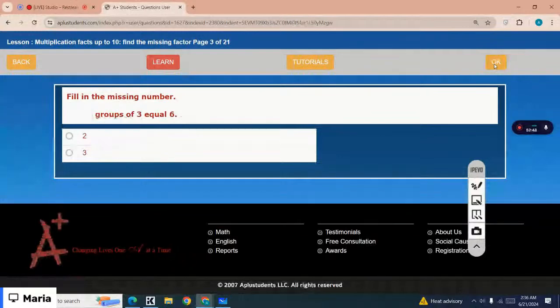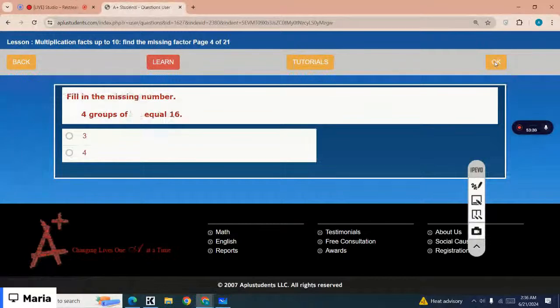Fill in the missing number. How many groups of 3 equals 6? Which is the correct option? That is 3 times 2 equals 6. So the correct option is 2. 4 groups of dash equals 16.